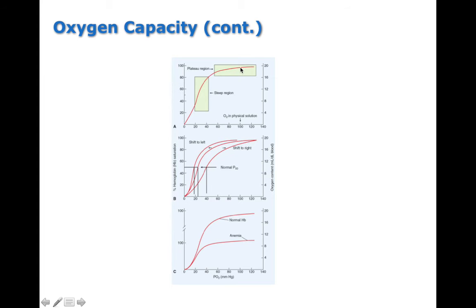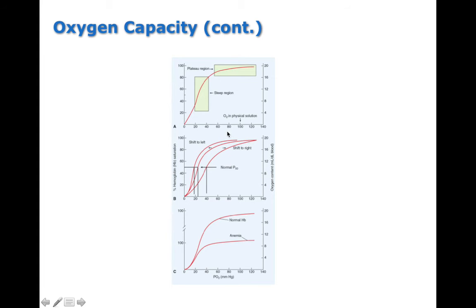Now, if you start decreasing the amount of oxygen you find in blood, then your hemoglobin saturation goes down. And what this means then is that as a fraction of this total amount of oxygen you find in blood, more of that oxygen is going to be loose and less of it's going to be bound to hemoglobin because hemoglobin is less saturated here.